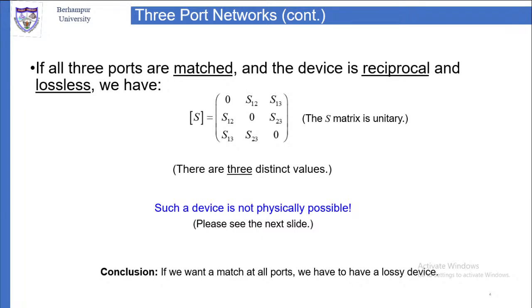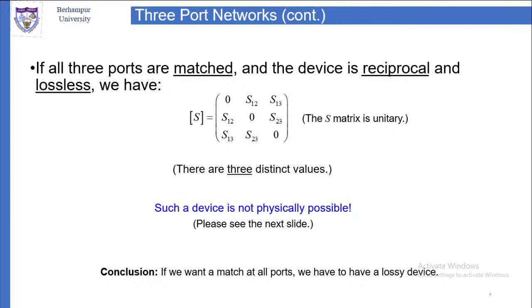Such a device, as you know, based on the property of S parameters, a network which is matched, reciprocal and lossless is impossible to realize. Physically, we cannot realize a device which is matched, reciprocal and lossless. We'll see that in the next slide.